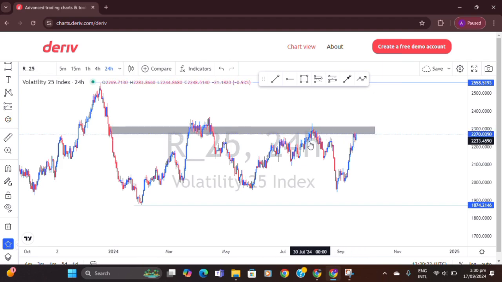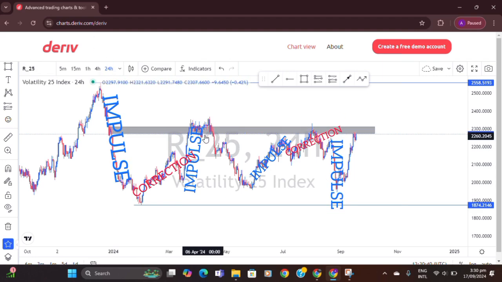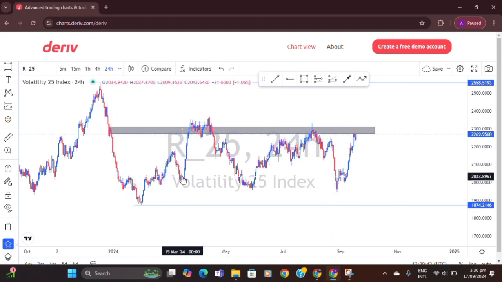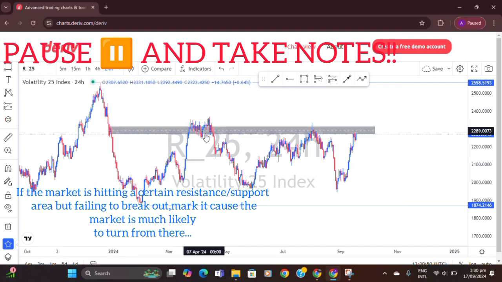Because when the market came from the support here and tried going up, the market didn't penetrate through this zone because it was a strong zone. If you can see here, the market was consolidating, creating a corrective phase, because we know we have impulse, correction, and then impulse to the upside. So it went impulse, correction. Now for it to impulse again to the upside, it did not, because of maybe this strong level here, and then the market started dropping.